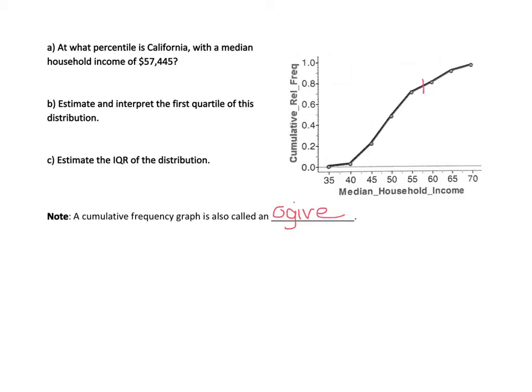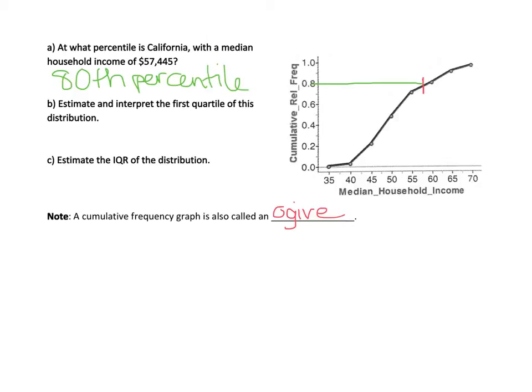So I'm going to just mark it on the graph. It's around there. So now we're going to find the percentile where that occurs. I'll show you what the answer is and then I'll explain. To me it looks like it's about 0.8. So we would say it's at the 80th percentile. So it's about 80%, or at the 80th percentile.